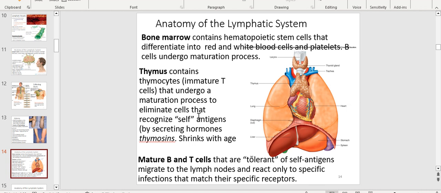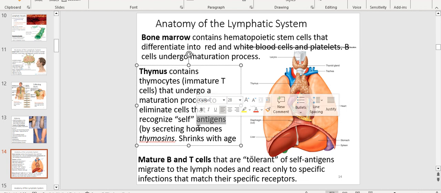But the thymus contains the thymocytes, immature T cells that undergo a maturation process to eliminate cells that recognize self-antigens. Antigens are these glycoproteins, these proteins that stick outside on a cell membrane.